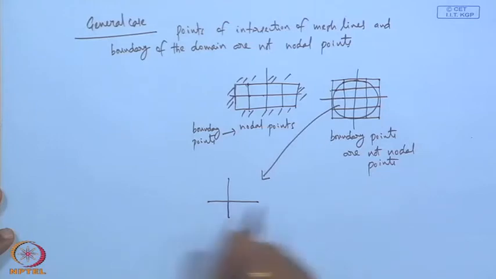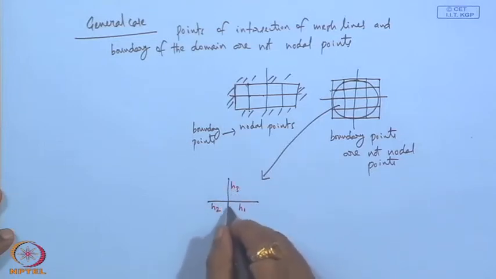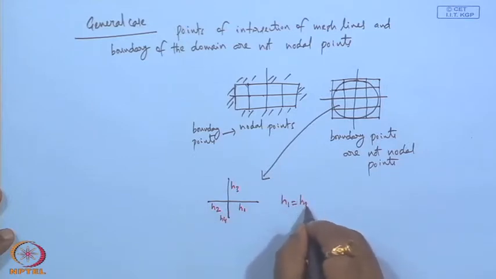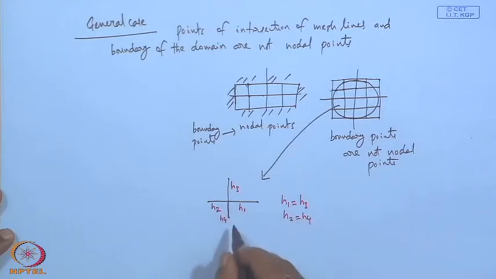So, if we start naming the sizes, this grid size is H 1, H 2, H 3 and this is H 4. So, this is more general, but in this case H 1 equals H 3 and H 2 equals H 4, though one can discuss a more general scenario.